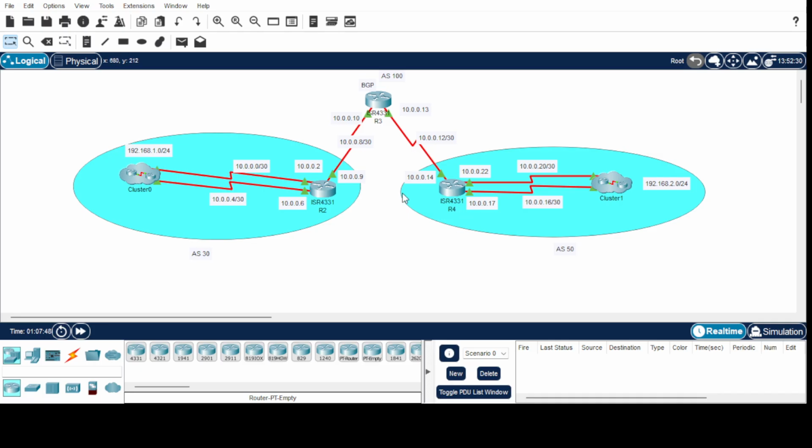Now we can go to this BGP router number 3.